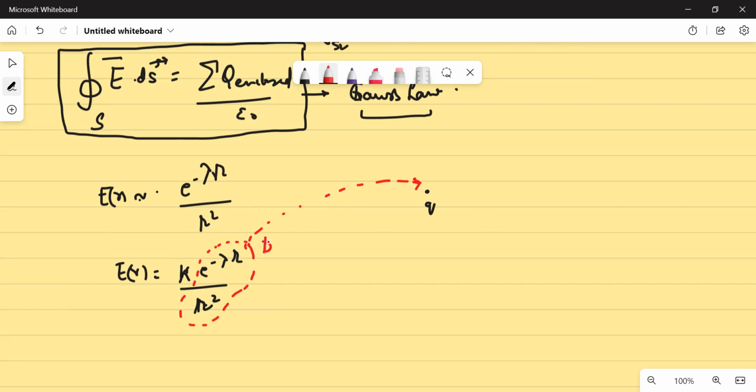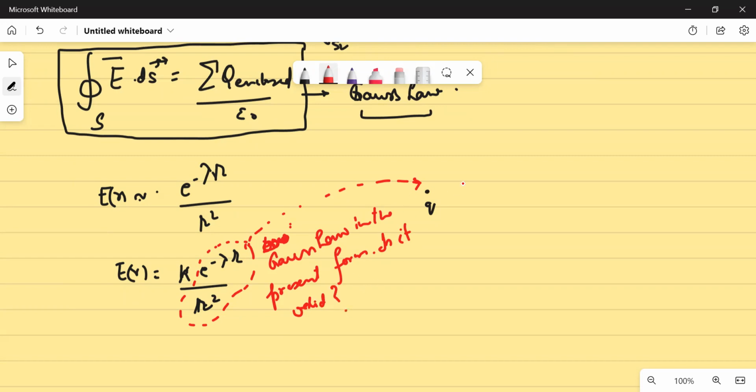So the question is: is the Gauss law in its present form still valid? This is the question that I'm going to raise.